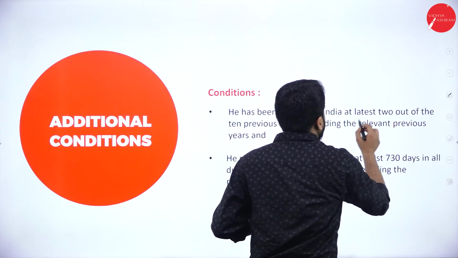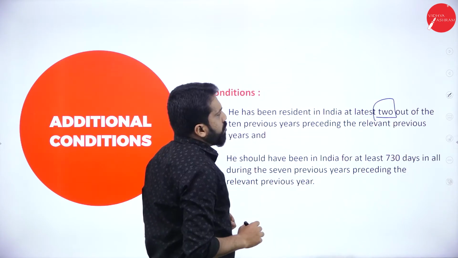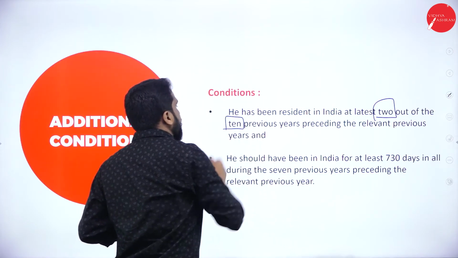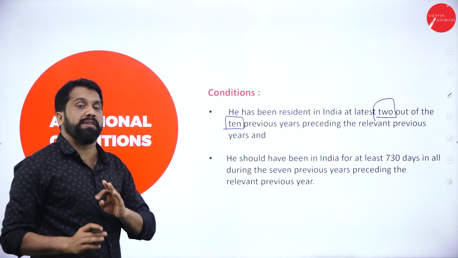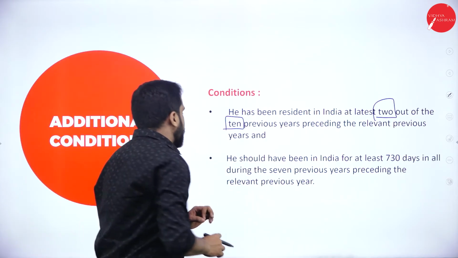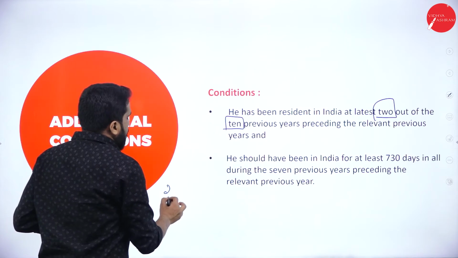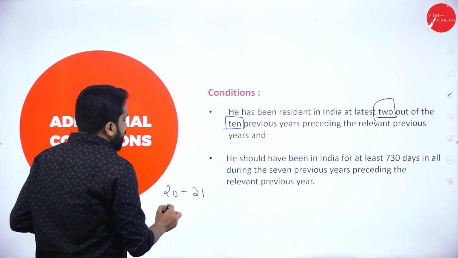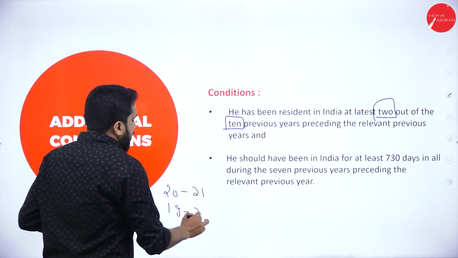He has been resident in India at least 2 out of 10 previous years. While calculating the previous years, we will not consider the previous year itself. For example, your assessment year is 2021. You know what is assessment year. What is your previous year? 19 and 20.